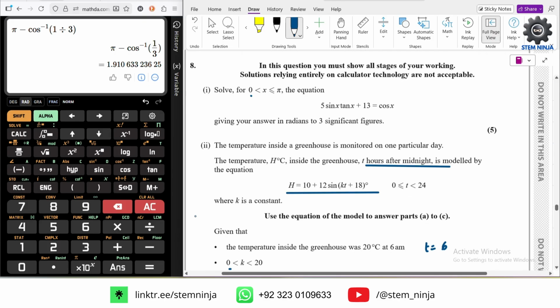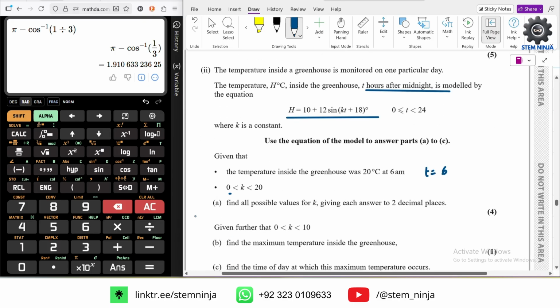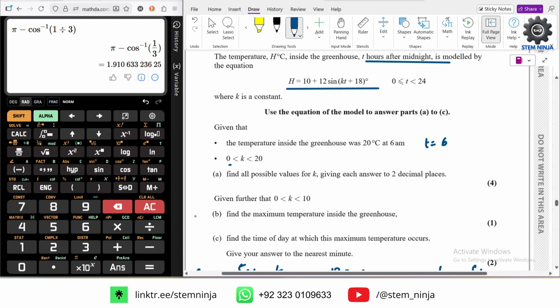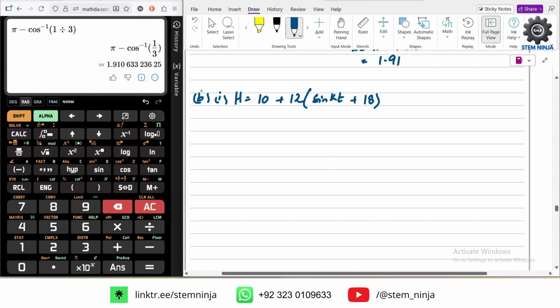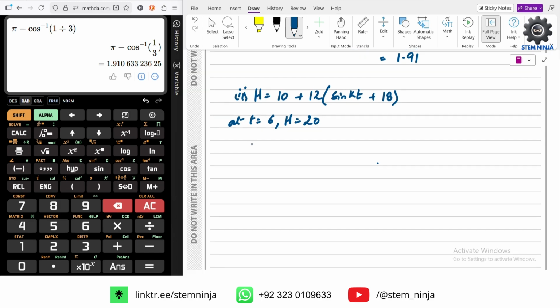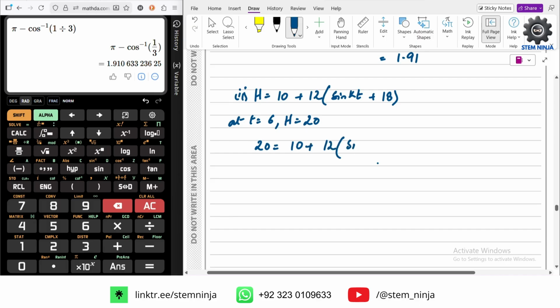This was just simply part 2. At t is equal to 6, H was 20. So 20 is equal to 10 plus 12 sine of (6k plus 18).